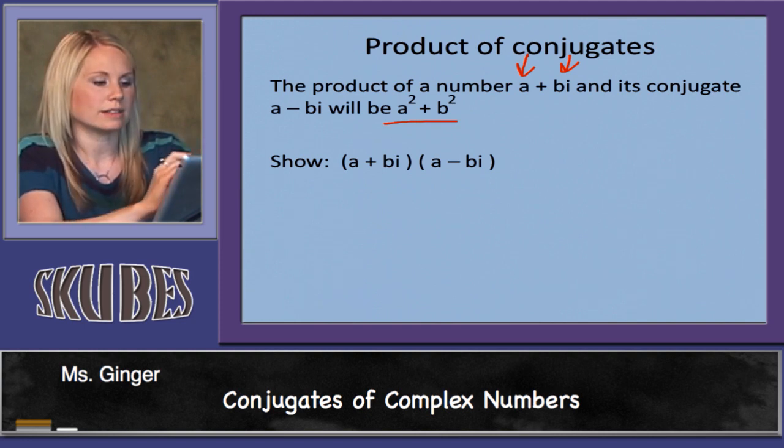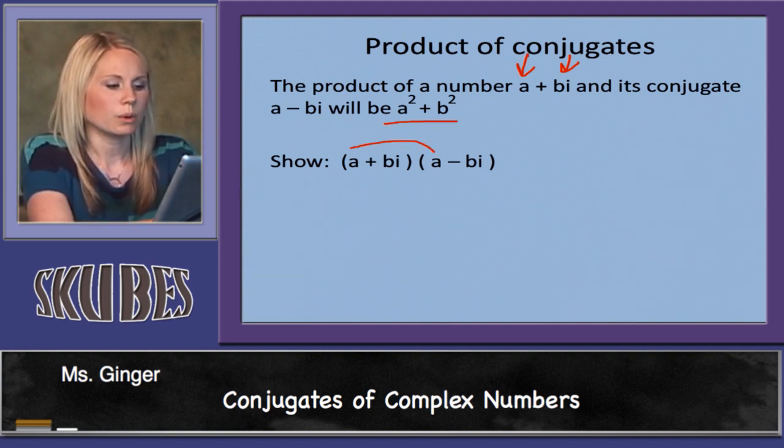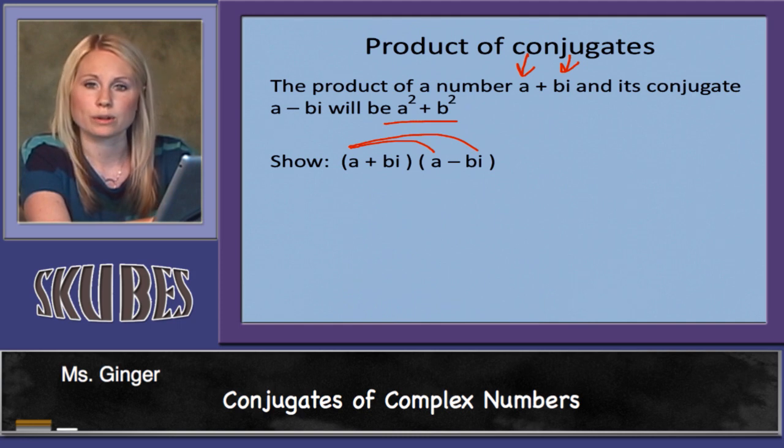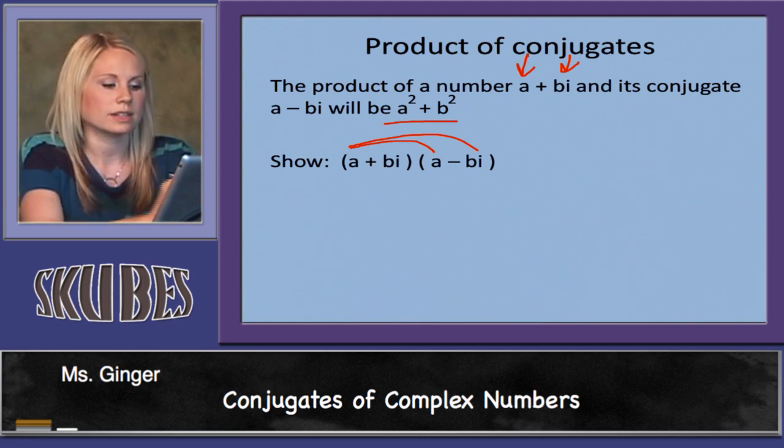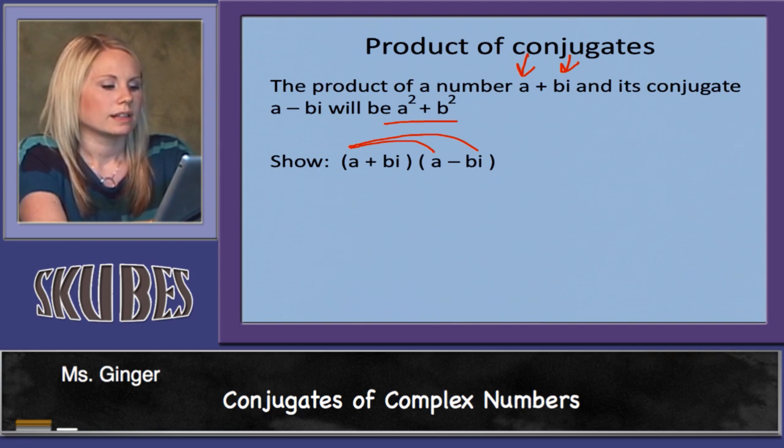The reason for that is because when we multiply these, when we FOIL these, taking the first, outer, inner, and last products, I want to show you what happens. Let's take our a's, a times a, and this is just any number. A is representing any number. We'll have a squared.